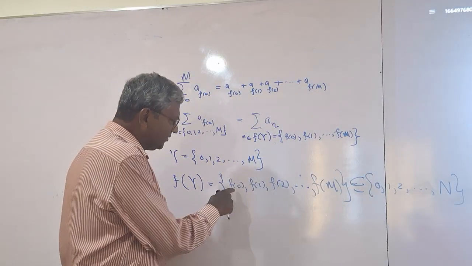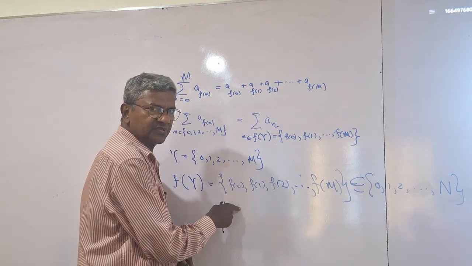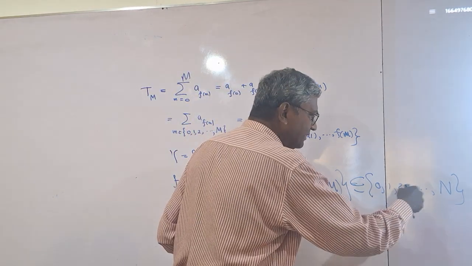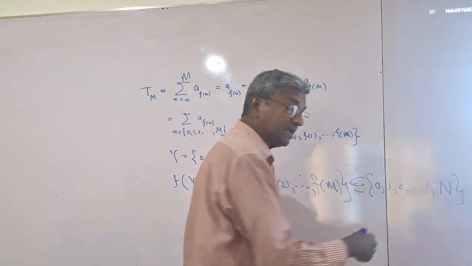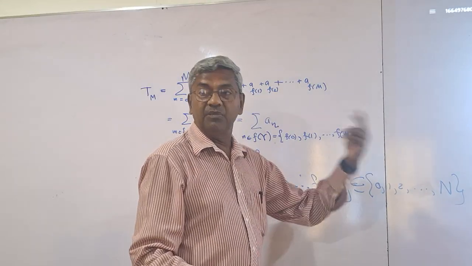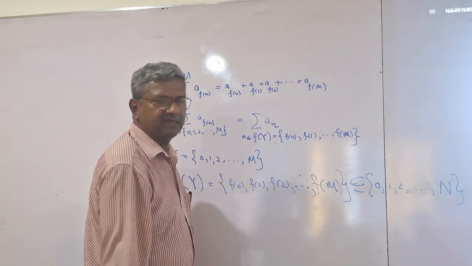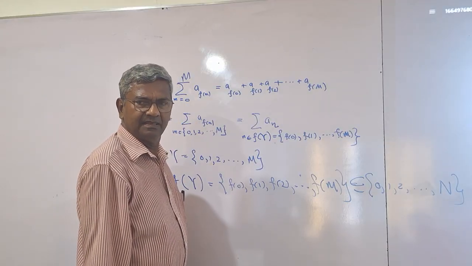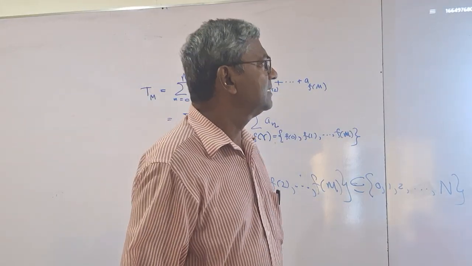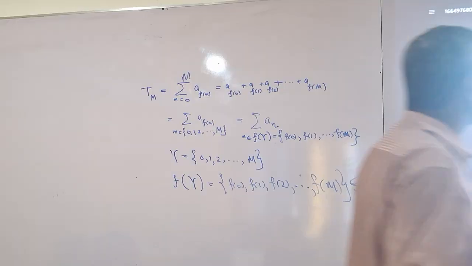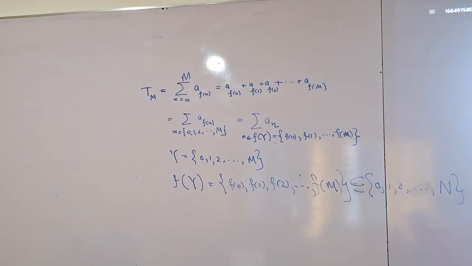I mean, here you have M plus 1 terms. Here you have capital N plus 1 terms, but capital N may be a real big number. However, this set is a subset of that set. That's what he says. This is very important. In particular, capital Fy is a subset of this set.